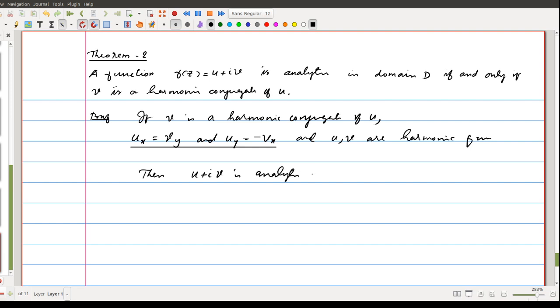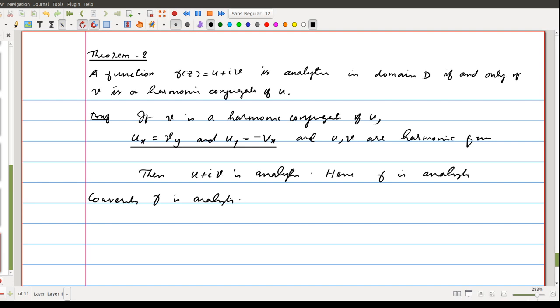Consequently, f is analytic. So if v is a harmonic conjugate of u, then f of z equal to u plus iv is analytic. Conversely, we assume that f is analytic.